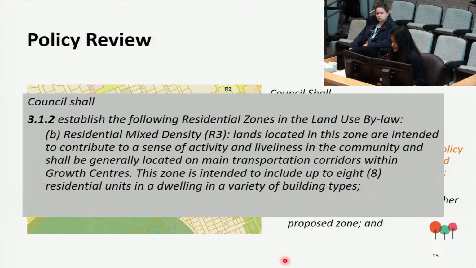And this here is a zone placement policy. And it states, lands located in the zone are intended to contribute to a sense of activity and liveliness in the community, and shall be generally located on main transportation corridors within growth centers. The zone is intended to include up to 8 residential units in a dwelling in a variety of building types.